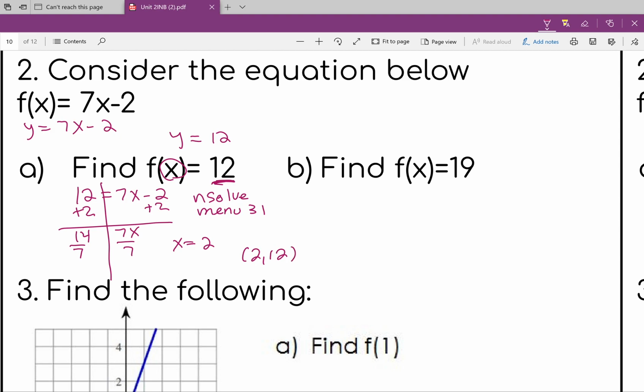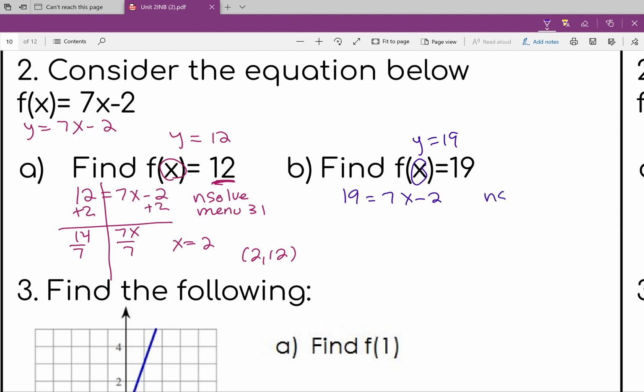Okay, so we're going to do the exact same thing for B. Again, we don't have an x value, and f of x is equal to y, so y is equal to 19. So instead of y, we're going to put 19. So 19 equals 7x minus 2.